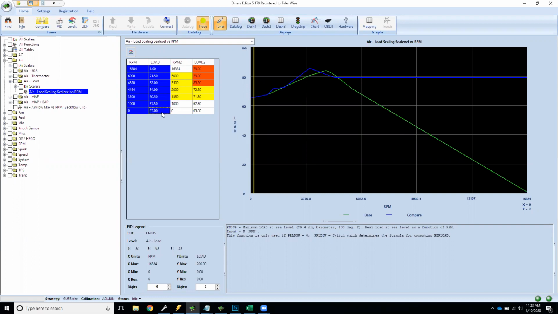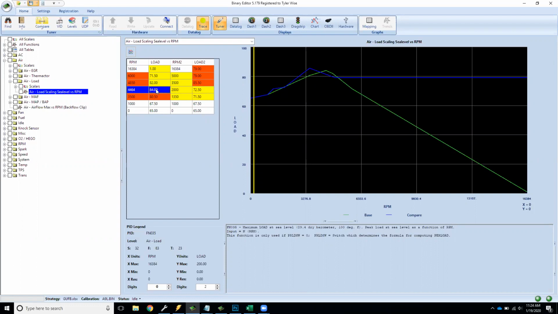Again, it assumes that the rest of the tune is healthy enough to do that. But if it is, you take the belt off, run the engine, figure out where you peaked out load, and make sure you create a point at approximately that RPM. So in our case, that point was right here at about 4464, and you expect load to be basically less both before and after that point. And this is generally going to be where you achieved maximum torque and maximum power.